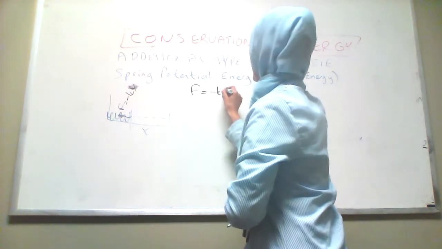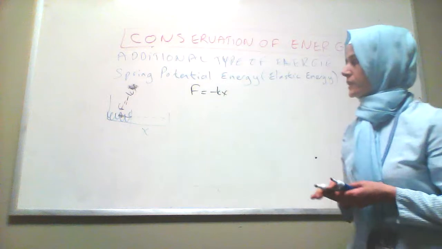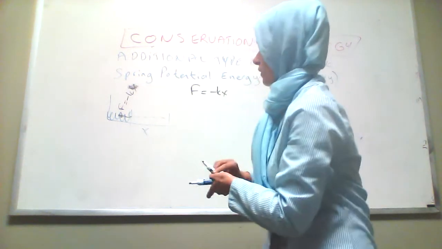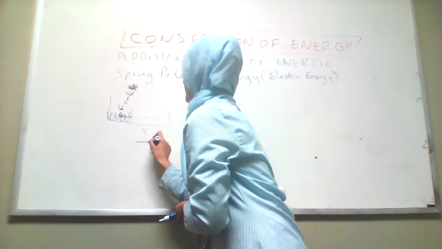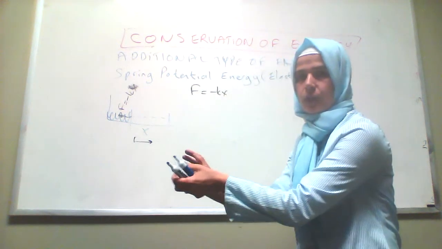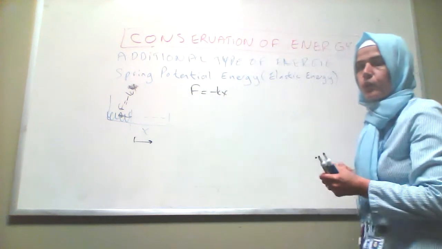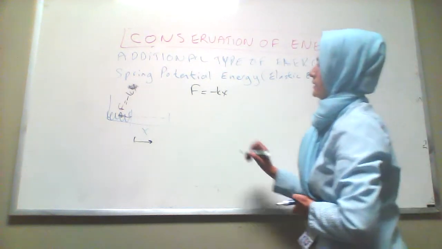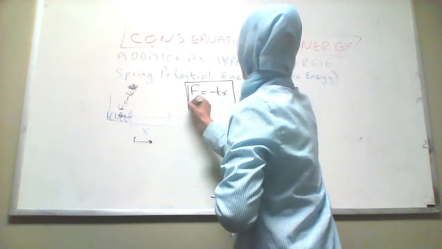F is equal to minus kx. Minus is due to the reason that whichever direction we're pulling it, the force will be against the direction of this pull. So if we push the spring, the spring will push back. If we pull it, the spring will pull back in the opposite direction always. This is called spring force.